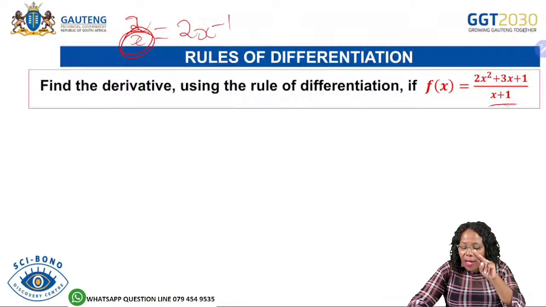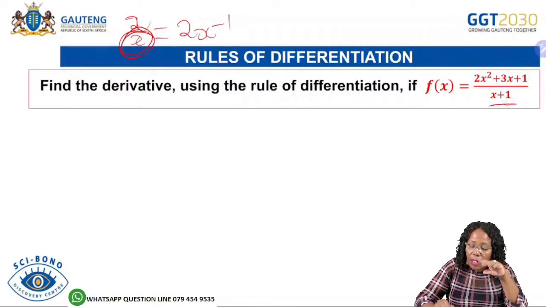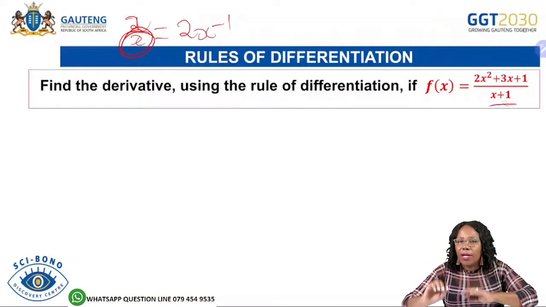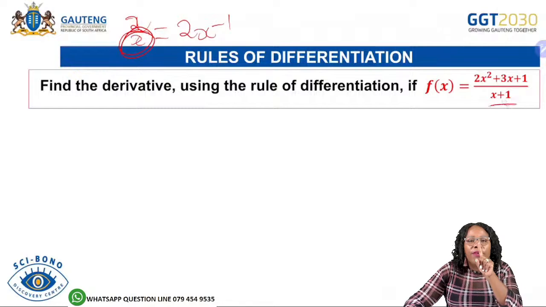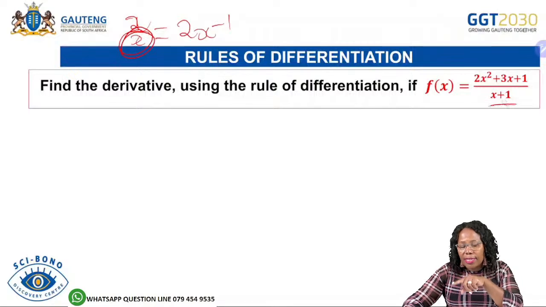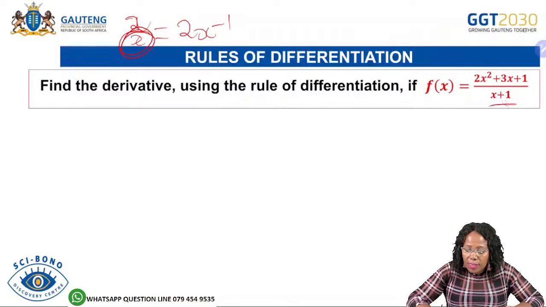There is no way, grade 12, you can take this and write it as x plus 1 to the power minus 1. No, you can't do that. We do that only if we have only one term on the denominator, right? In a case like this, there is a relationship between your numerator after factorizing and the denominator now.